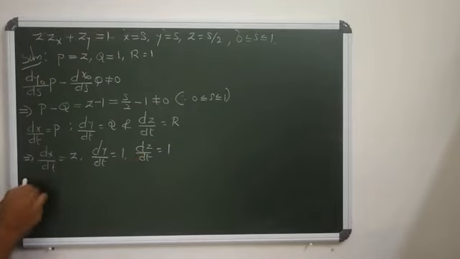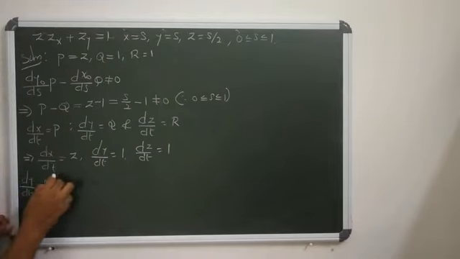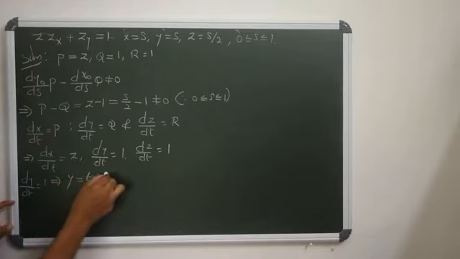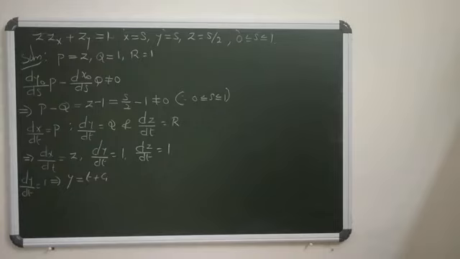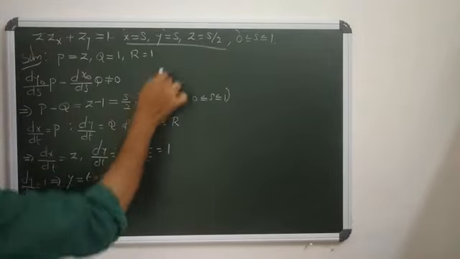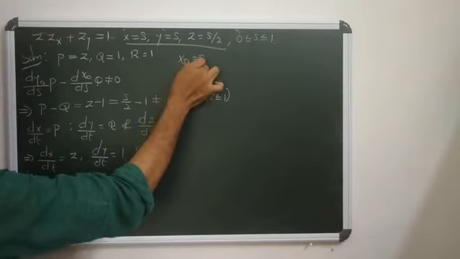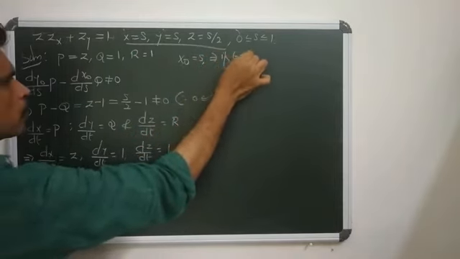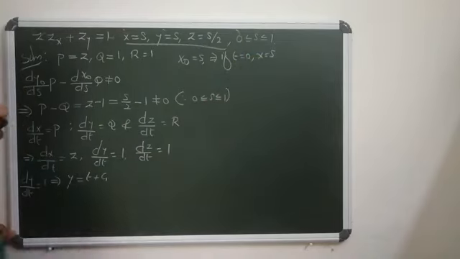So consider dy by dt is 1. Dy by dt equals 1 means dy equals dt. So on integration, y equals t plus c1. By the initial condition, x naught equals s, which means if t equals 0, the corresponding x value is s.